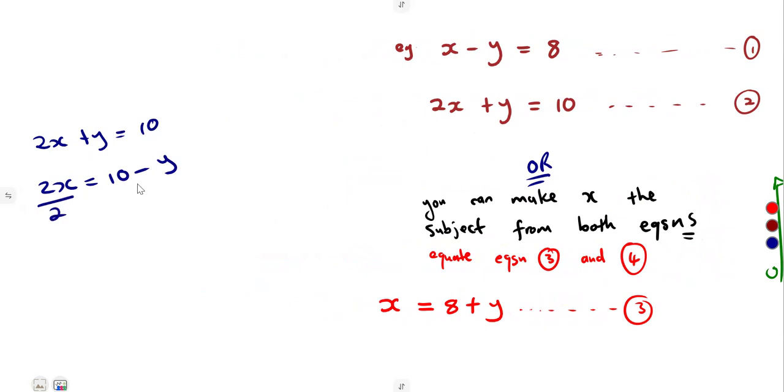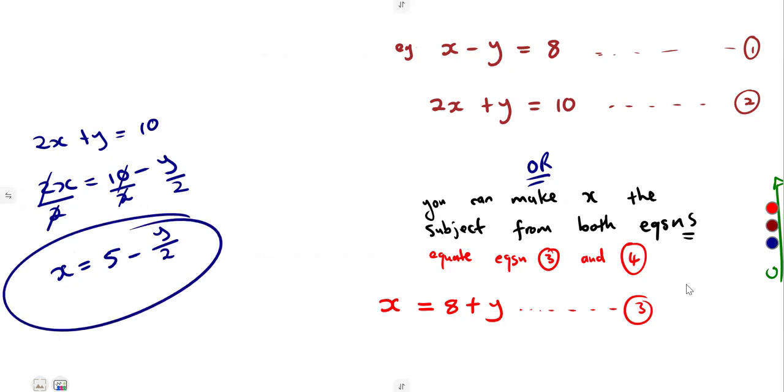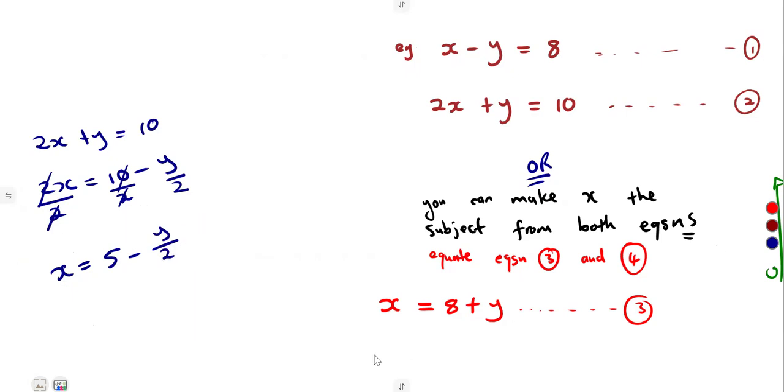Divide by 2 each and every term, or simply divide like this. It is up to you. So this can cancel. So x is equal to 10 divided by 2, that is going to be 5, minus y over 2. You have made x the subject of the formula: 5 minus y over 2.